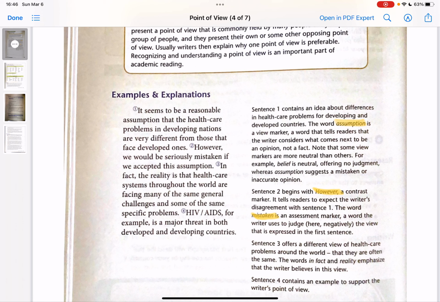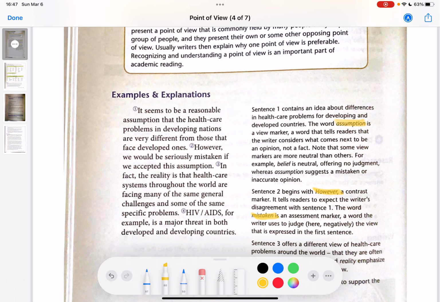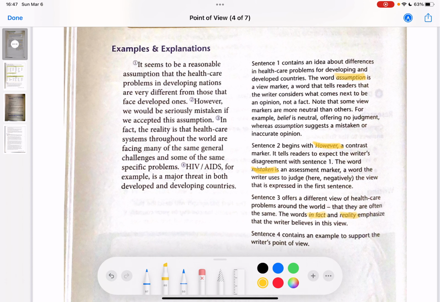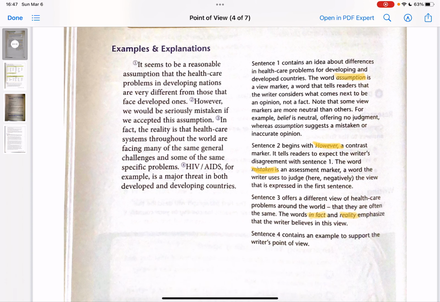In this case, it's negatively judging the view that's expressed in the first sentence. And then what follows is the author's actual view. And you can recognize this because you see these words for emphasis, in fact, and reality. Emphasize that this is really what the author believes. And then sentence 4 is just an example to show support of the writer's point of view.